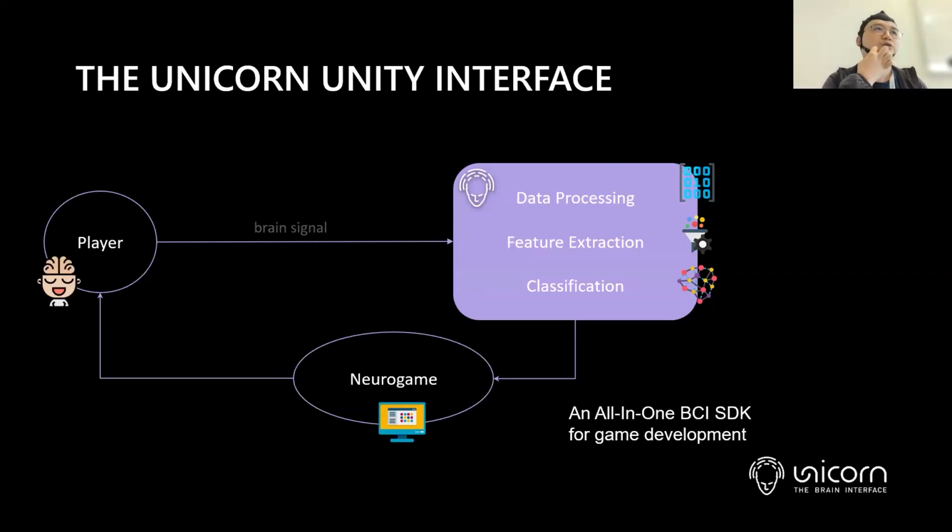Very often you have to try many times, iterating. What we provide at g.tec is a Unicorn interface, the SDK, where the data processing, feature extraction, and classification are all handled for you. We have the backend for you, and you just build the front end. In short, it's an all-in-one BCI gaming SDK.